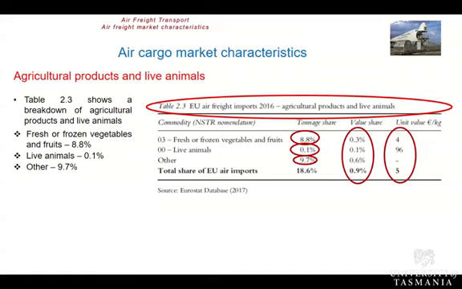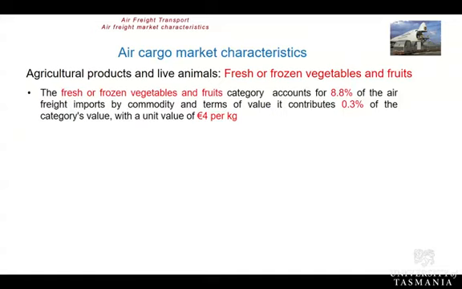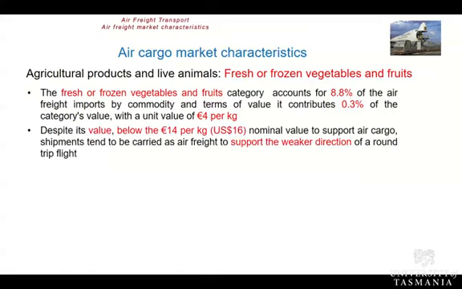However, live animals is a lot more appropriate with air cargo at 96%. So if we look a little bit closer at the frozen and fresh vegetables, as I said before, quite a significant segment in its own right, almost 10%, it doesn't contribute very much in terms of value, and it's got a very low per kilo price.